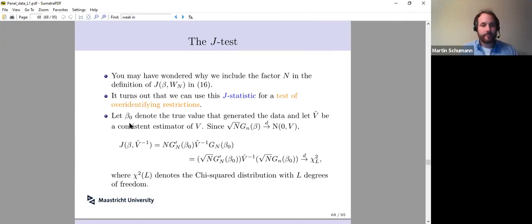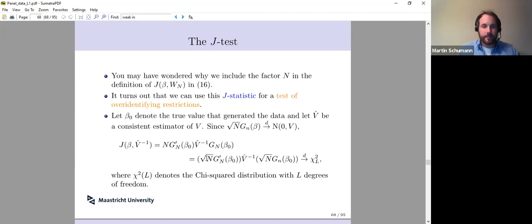Recall that if beta is the true value, then square root n times g_n, again, this should be a capital N, converges to a normal distribution with a variance matrix V. And therefore, if you put V hat inverse into the J statistic, into the definition, that's what I write here on the right hand side, then you put square root of n in front of this, and square root of n in front of this.